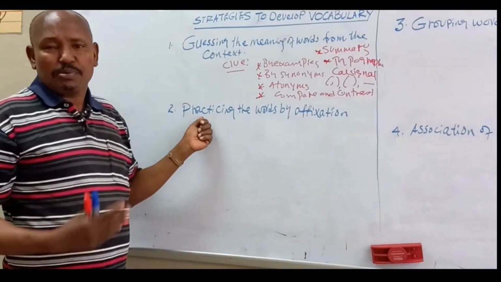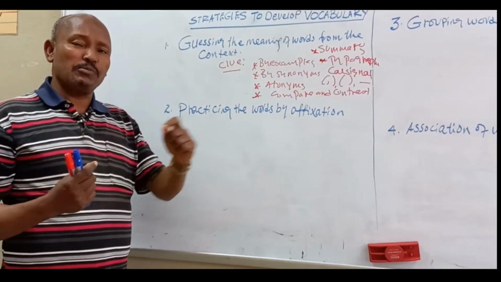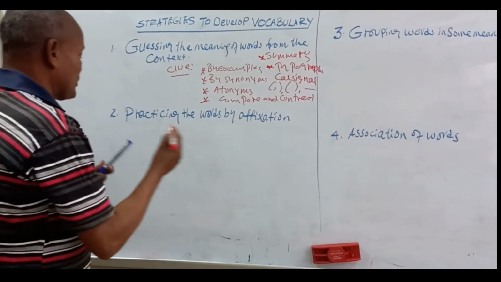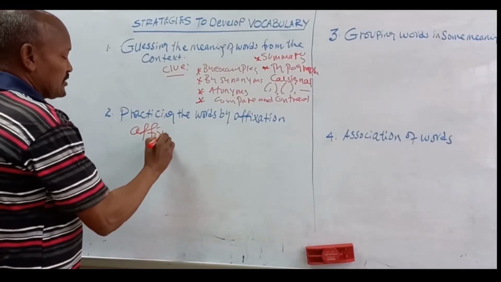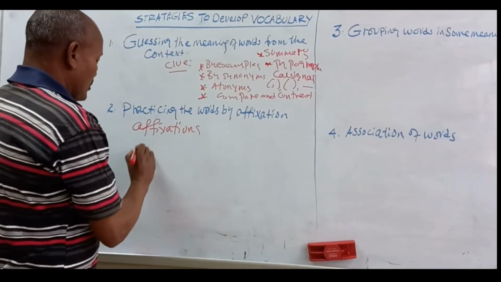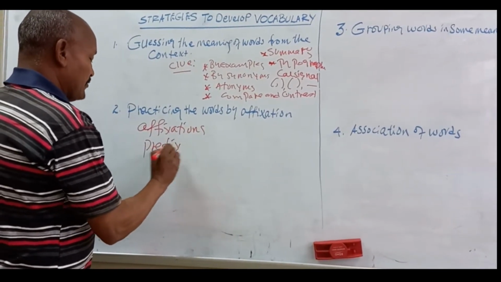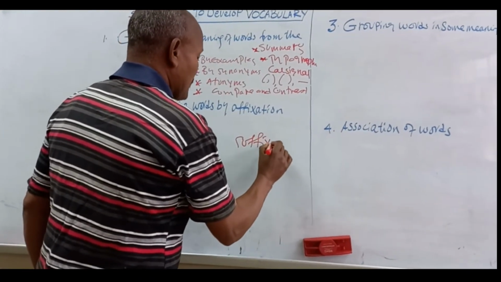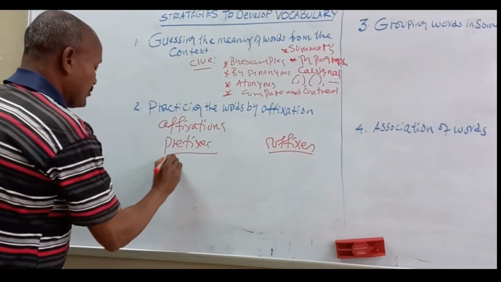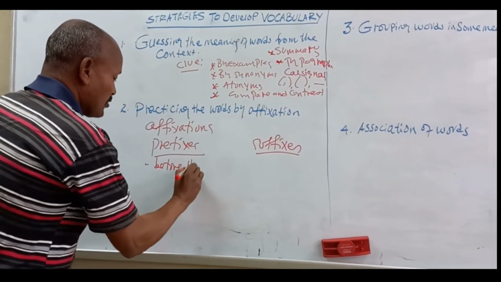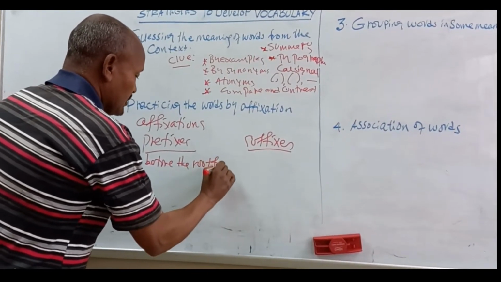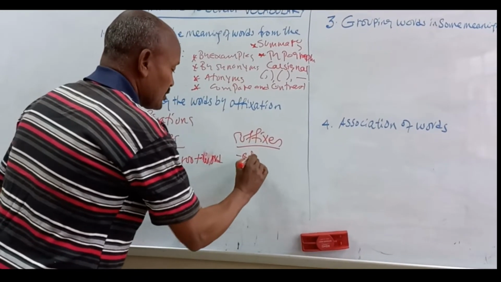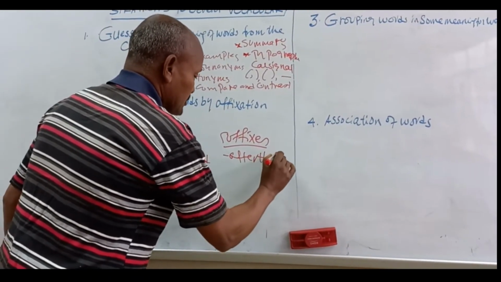Practicing, the more you practice, the better you develop your vocabulary. How can you practice? Affixation, which consists of both prefixes and suffixes. Prefixes come before the root word, and suffixes come after the root word.